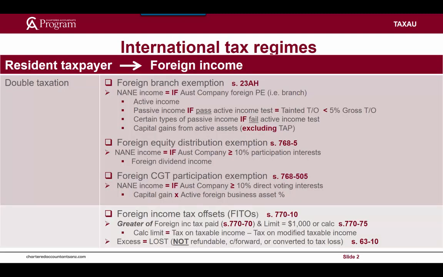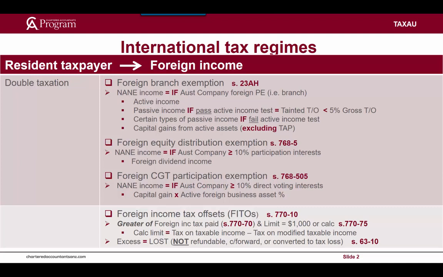An Australian resident taxpayer is taxable in Australia on their worldwide income under Section 6(5). Therefore, to minimise the double taxation of foreign income, Australia's international tax rules contain a number of exemptions. You need to know when and how each of these exemption regimes apply.